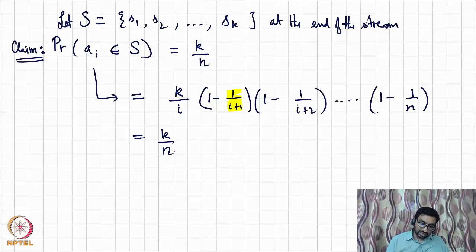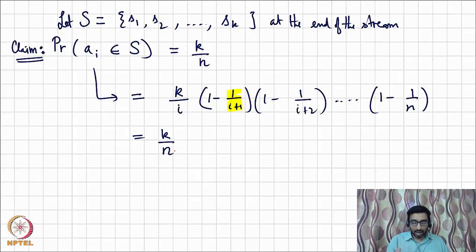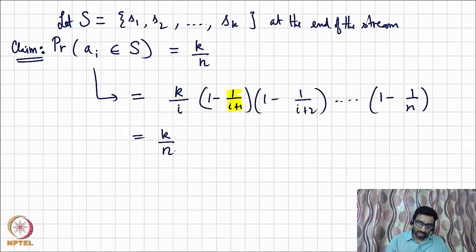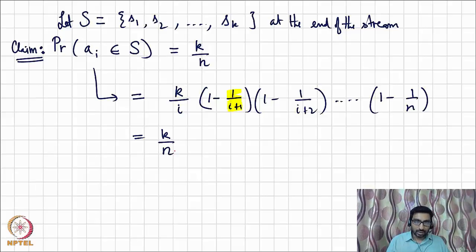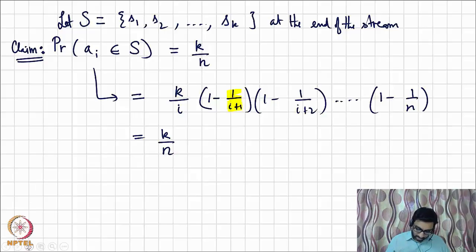Now, as an exercise, think about this. What we have shown is that the item ai is one of the elements of the subset that we are outputting at the end of the stream with probability k over n. Does this translate to what we actually started out with?